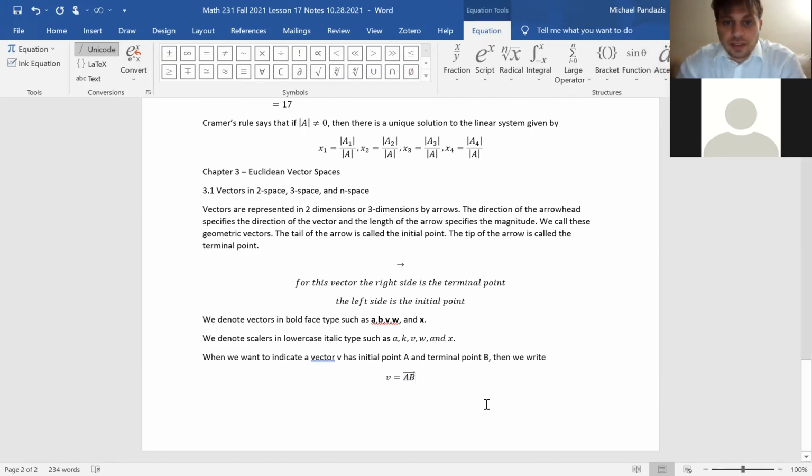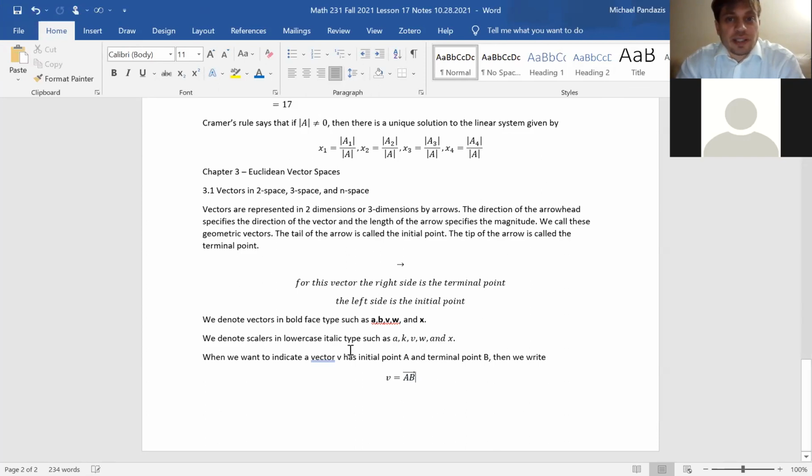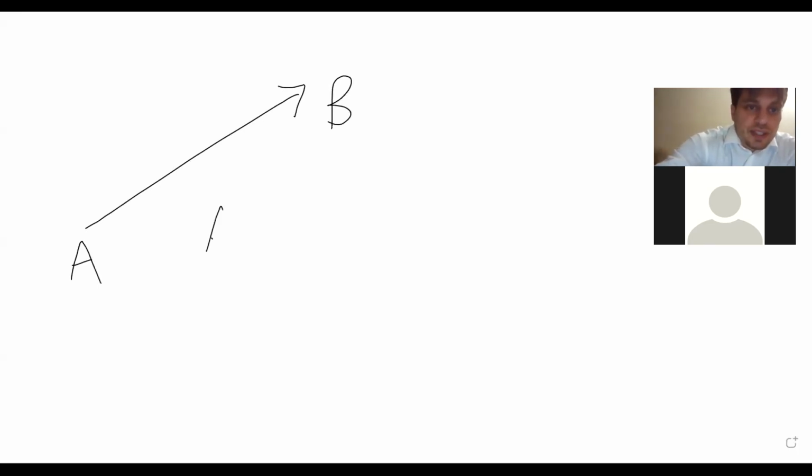That denotes a vector where the initial point is A and the terminal point is B, so that's the direction the arrow is going. So, a very simple drawing: if this is the initial point A and the terminal point B, then this is the vector AB.